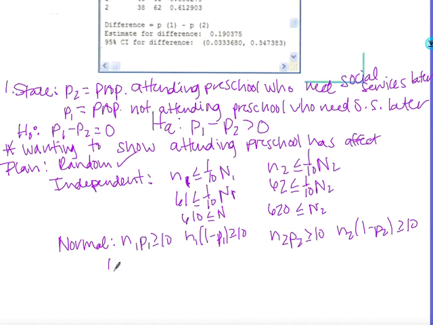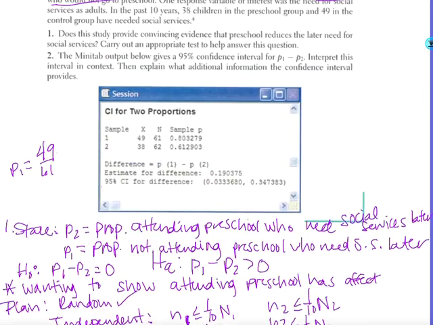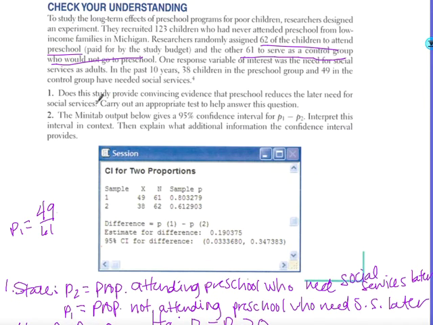All right, so your N1 is 61. Your P1 is going to be your proportion of those who actually needed social services. So that comes from up here.